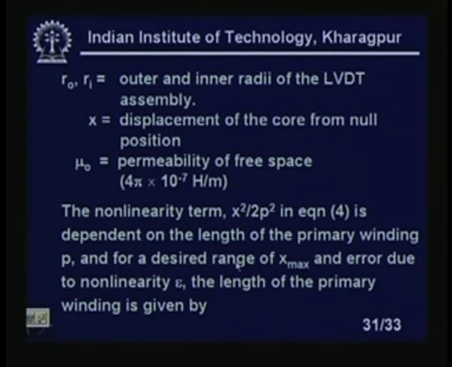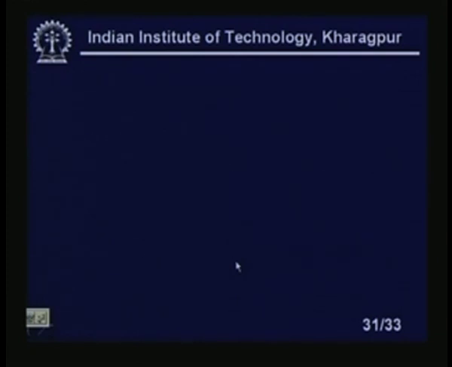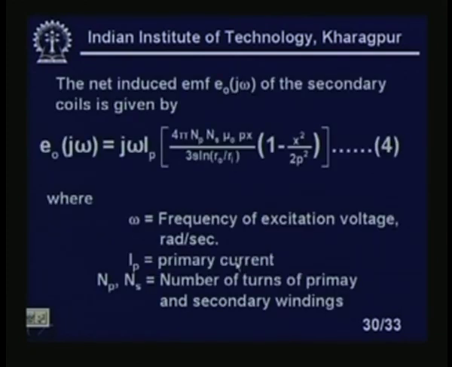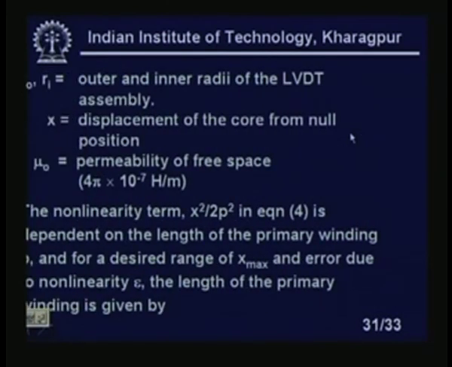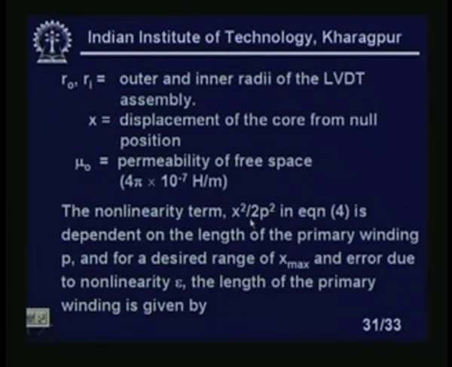Now, if you look at the nonlinearity term, x square by 2 p square, this is the nonlinearity term in the LVDT, right. The nonlinearity term x square by 2 p square in equation 4 depends on the length of the primary winding p.